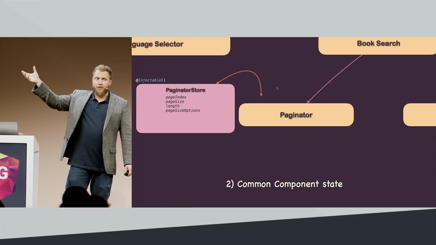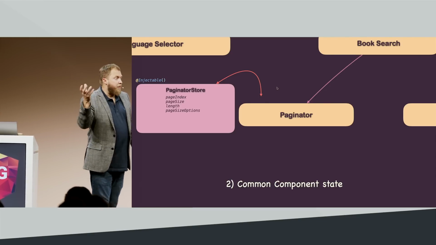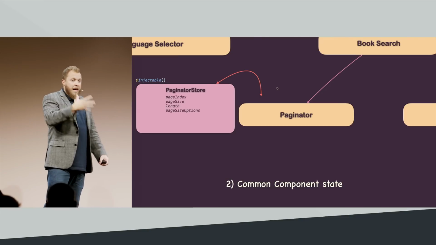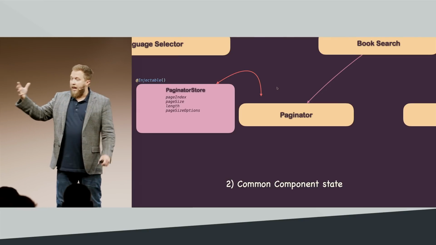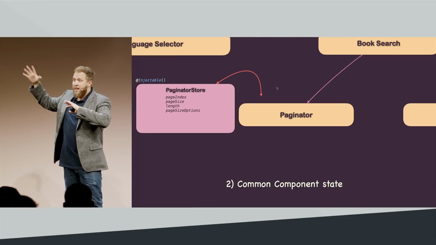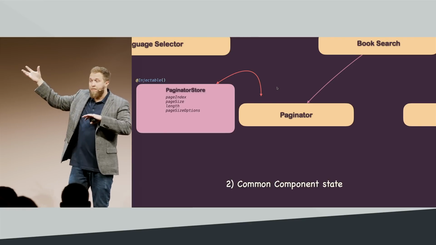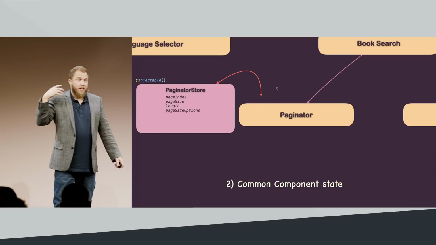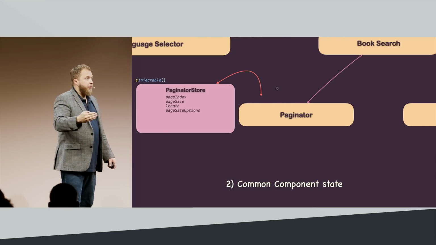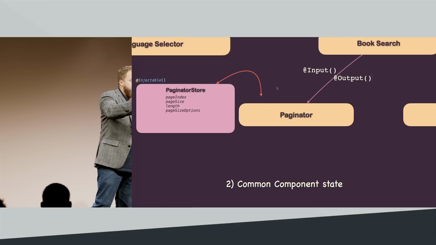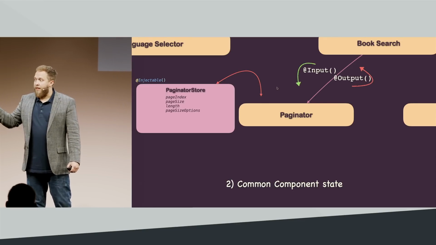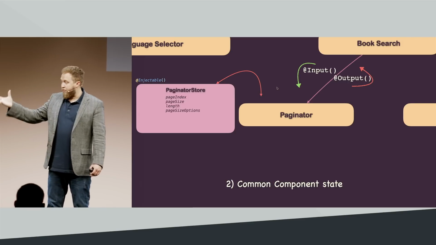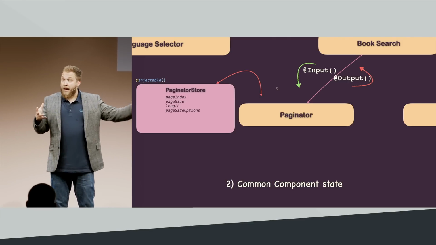What's a common component? A common component is a component that could be plugged anywhere in the app. It does not really interact with any other services around it. It's not pulling in the data. It is communicating with its parent component only through inputs and outputs. This allows this component to be truly universal because you can plug it anywhere.